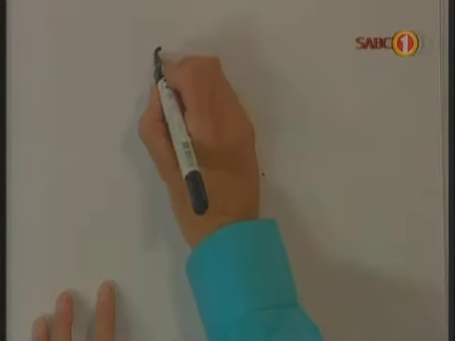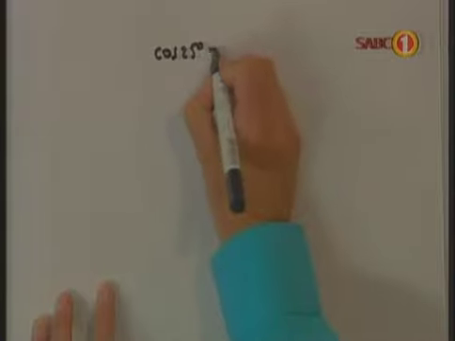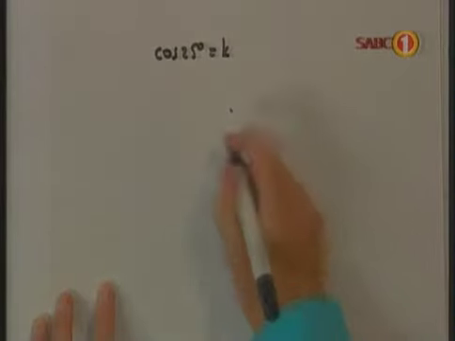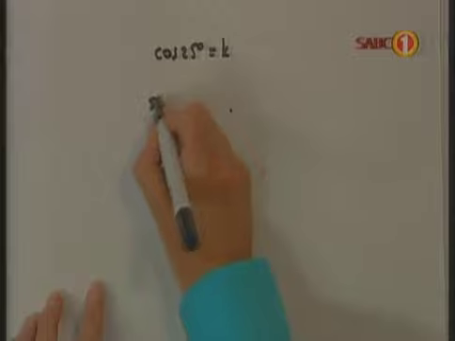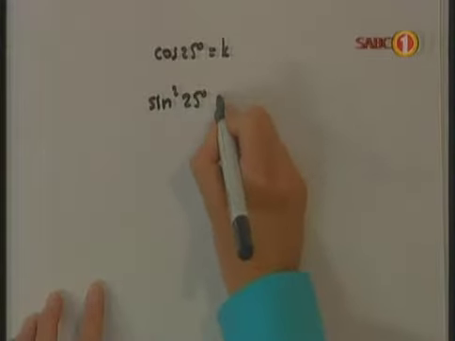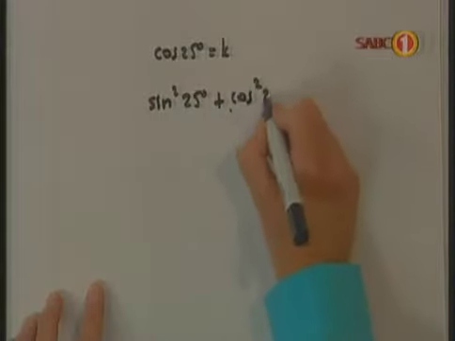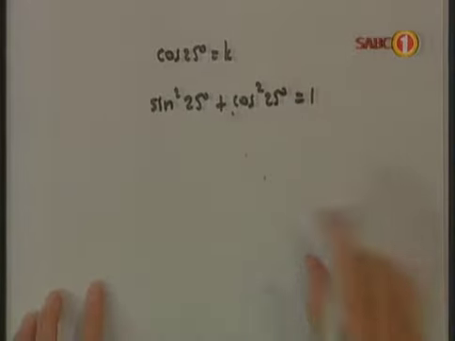By the way, the other method that they could use if you take sine 25, just watch this. This is quite interesting. I've seen this before. Ada, you'll love this one. If cos 25 is k, the other way you could do it is, if you want sine, you know that sine squared 25 plus cos squared 25 is 1. Okay, now bring that across.